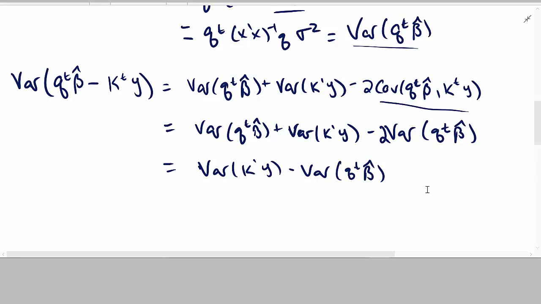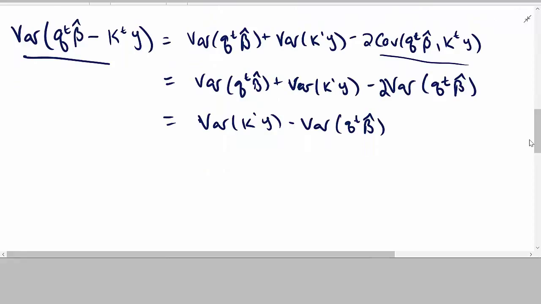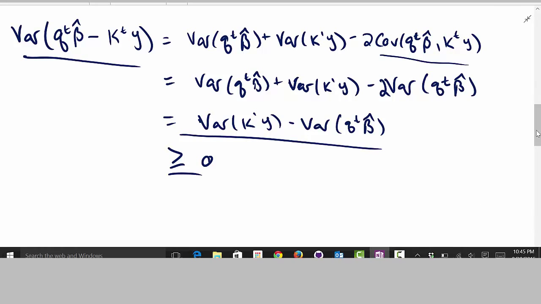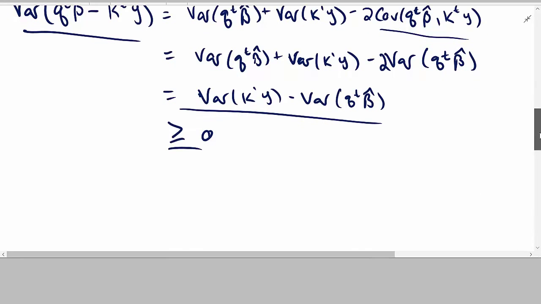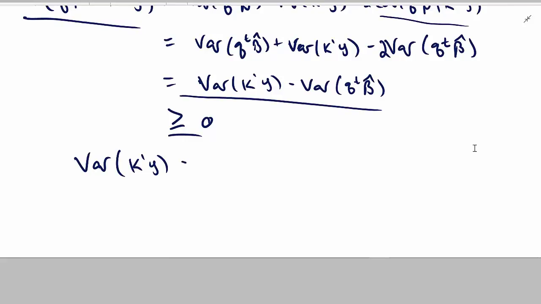The last point I'd like to point out is that this variance, by virtue of being a variance, has to be greater than or equal to 0. So if we take this statement and argue that it has to be greater than or equal to 0 because it's equal to a variance, then what we get is that the variance of K transpose Y has to be greater than or equal to the variance of Q transpose beta hat.